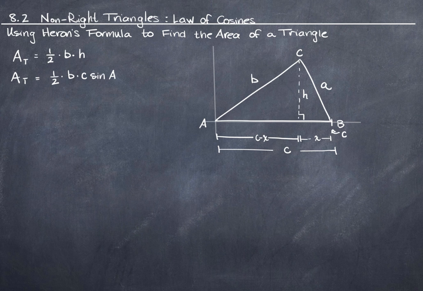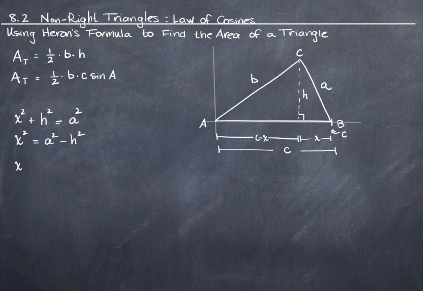Now let's make the observation that x squared plus h squared equals a squared, using the Pythagorean theorem on this small triangle here. This is a right triangle, so I can use the Pythagorean theorem on it. If I subtract h squared from both sides, I get x squared equals a squared minus h squared.